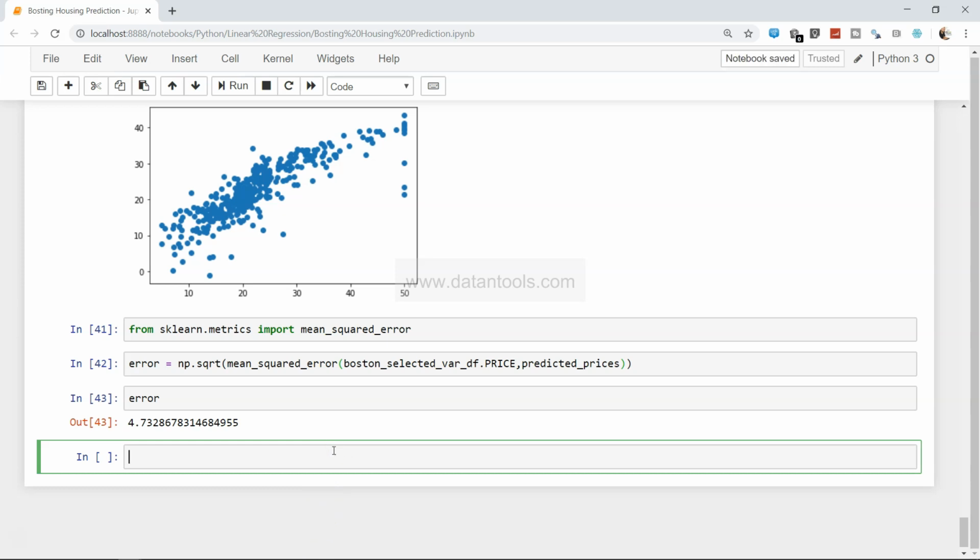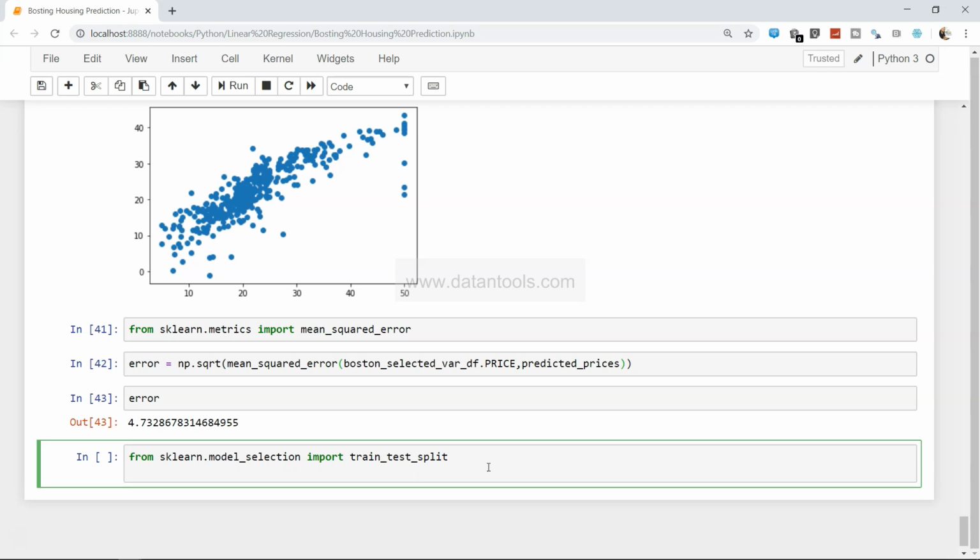So another quick thing I will show you here is how you can split the data using the train test split method. From sklearn.model_selection import train_test_split.